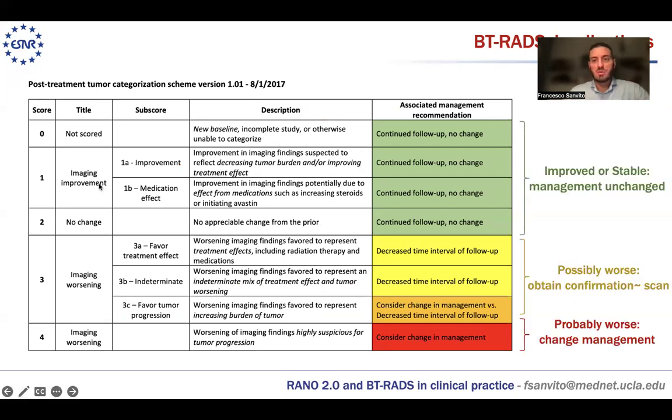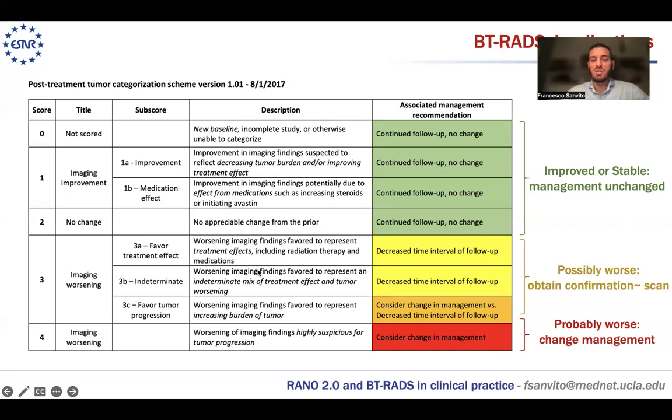Just like in BT-RADS or other RADS systems, when you come up with a BT-RADS score, there's a suggestion in the clinical management. There is no difference, and we're going to discuss this more later, between improved or stable. The management remains unchanged if the tumor is improved or stable. So there's not really a need for us to get that specifically into whether something can be 1A, 1B, or 2, because really there is no pragmatic change.